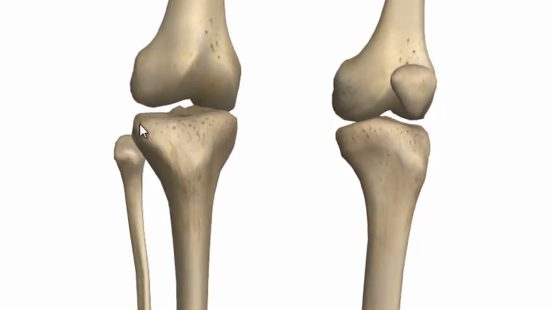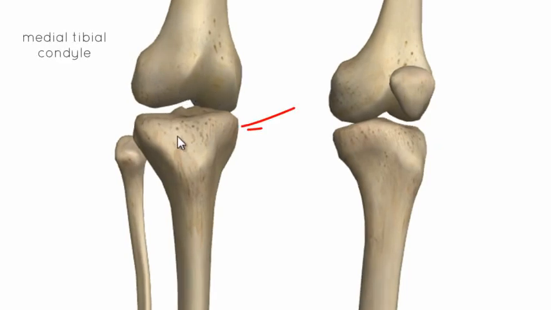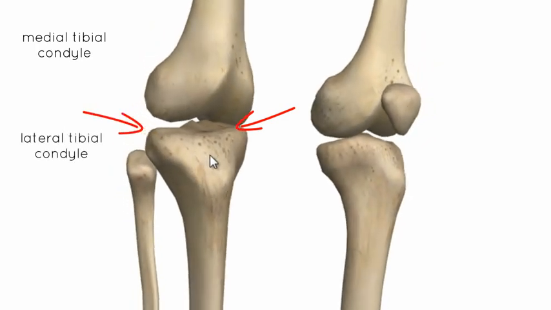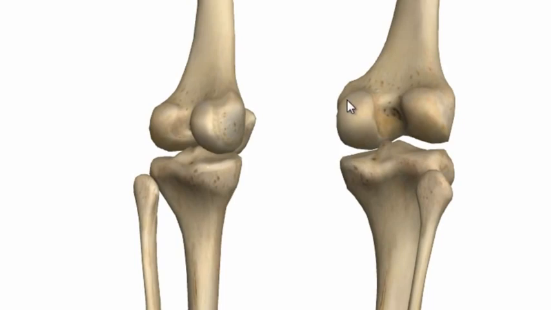Looking at the proximal tibia, you've got the tibial condyles which articulate with the femoral condyles. You've got a medial tibial condyle and a lateral tibial condyle. I'll remove the other bone so we can look at the superior aspect of the tibial condyles.